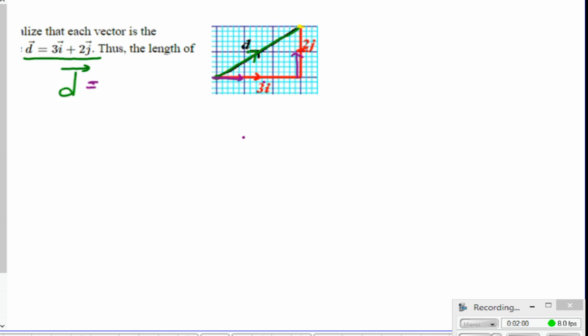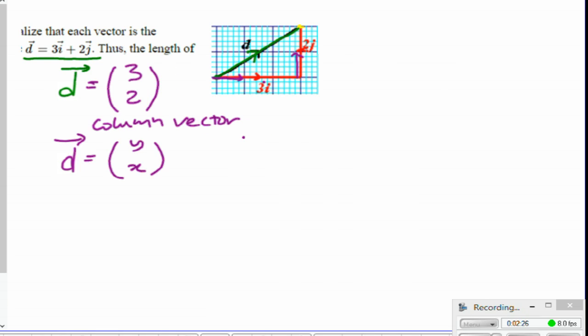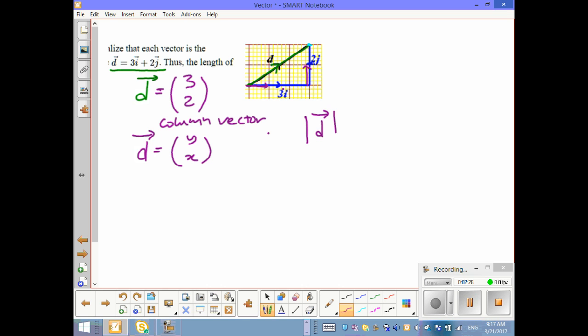It can also be written this way. In this particular way, this is called the column vector form. Here is the y and here is the x. So y on top, x below. So the magnitude of a vector is basically the distance, or the length, from the beginning to the end, beginning here to the end.